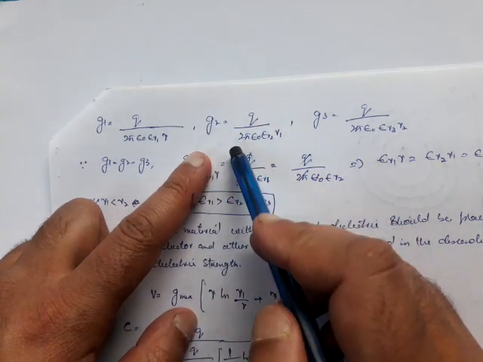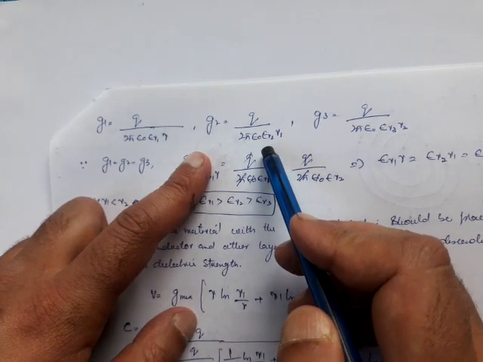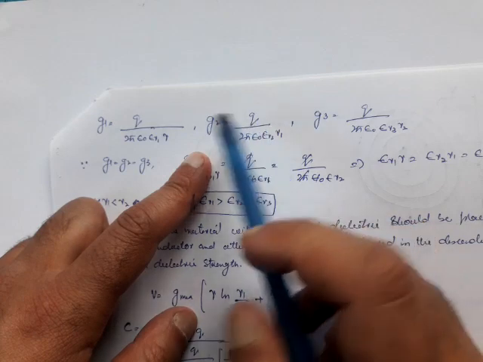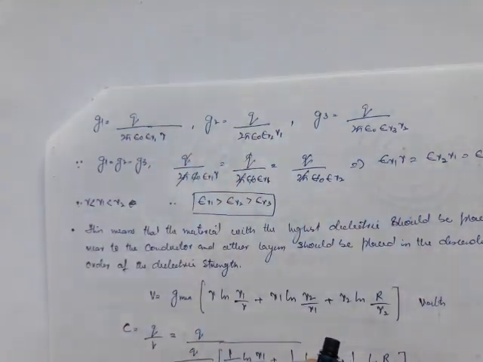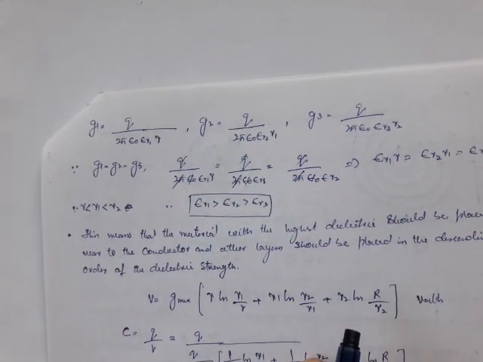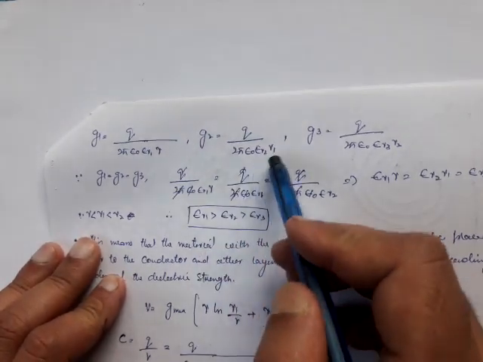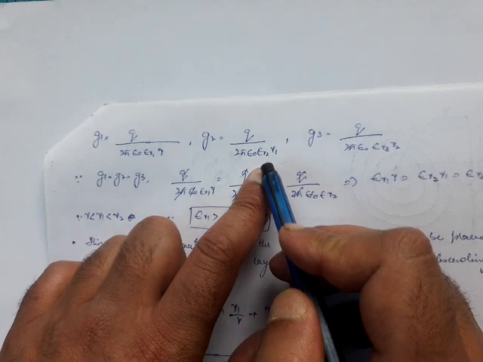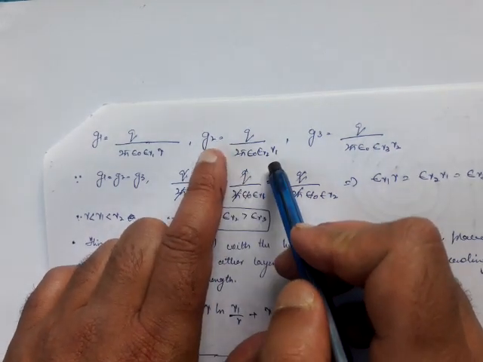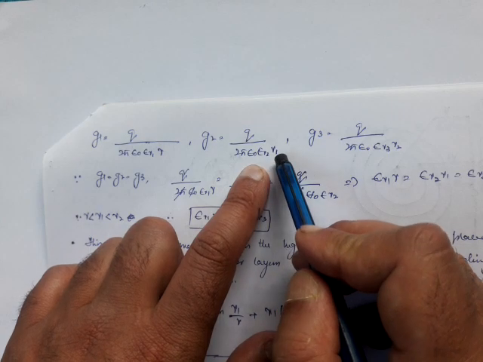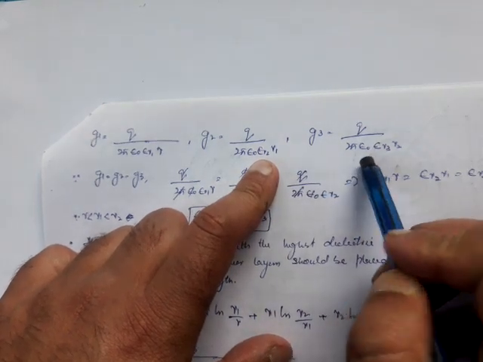Similarly, G2 will be Q divided by 2 pi epsilon 0 epsilon R2 into small r1. Again, this charge and the earlier charge will be the same because both are enclosing the same charge. The only difference is that in this case we are calculating the electric field intensity at x equal to r1. Similarly, G3 will be like this.